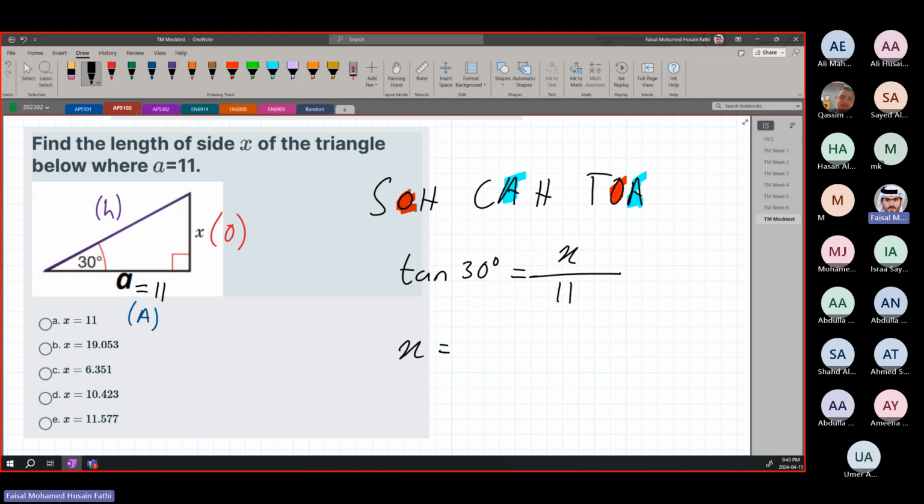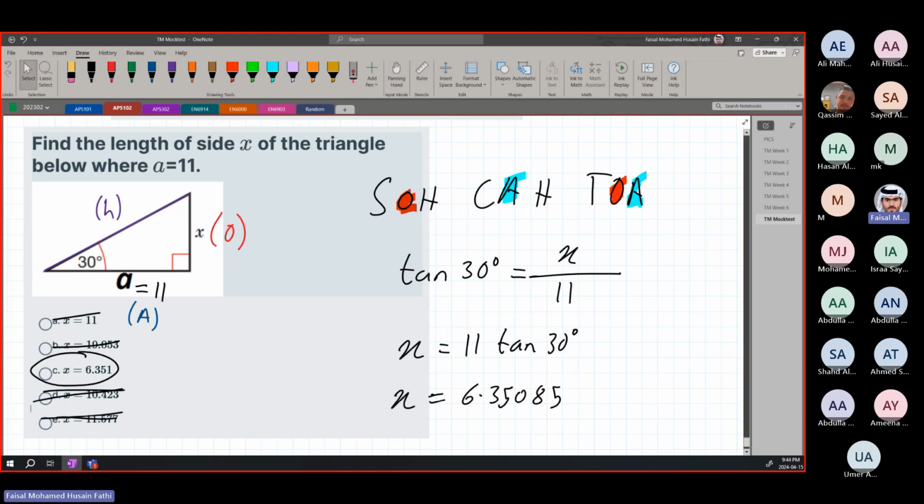So x is going to be equal to 11 tan 30 degrees, which is 6.35085. So it's not this, it's not this, it's over here. 6.351 when you round it to 3 decimal places.